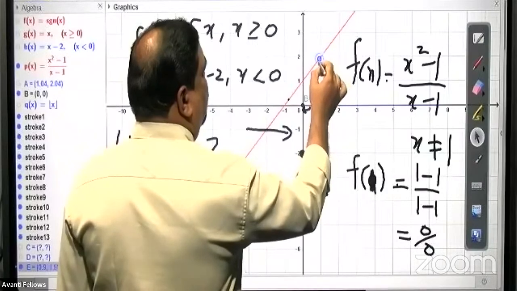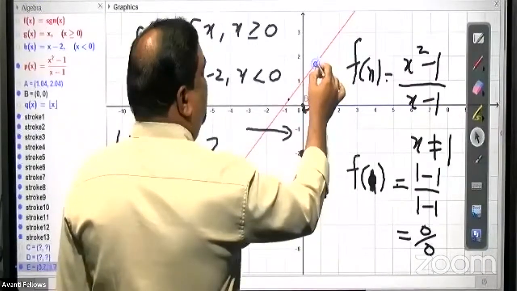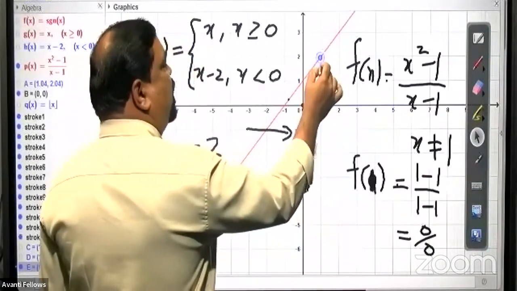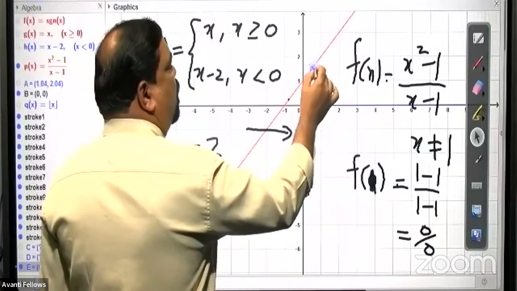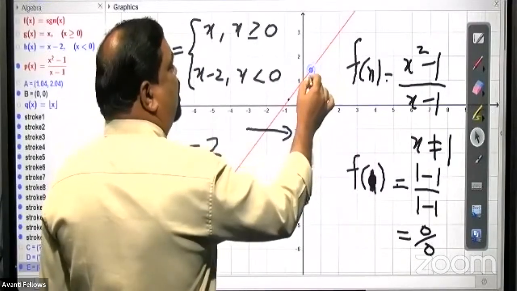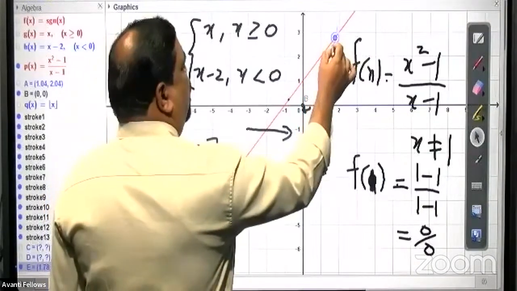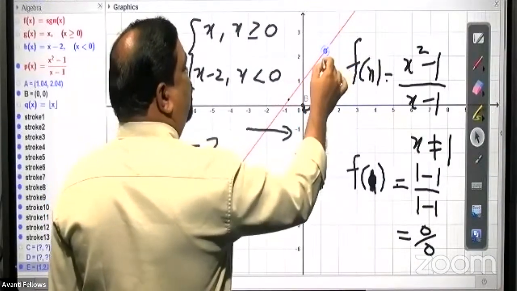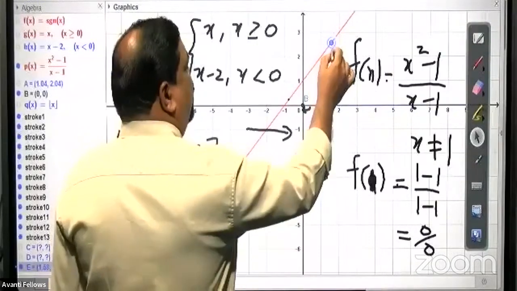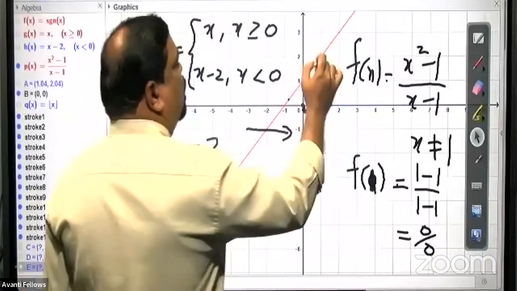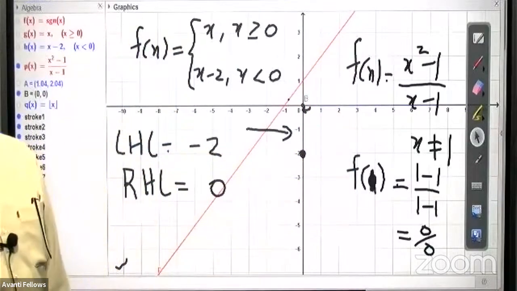So from the left side, the limit is 2. If x is approaching from the left side of 1, the function value is approaching 2. Similarly, from the right side of 1, when x is approaching 1, the function is approaching 2 only. But at the point 1, the function has no value.